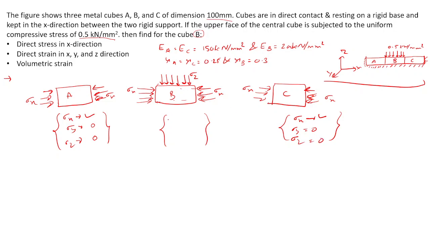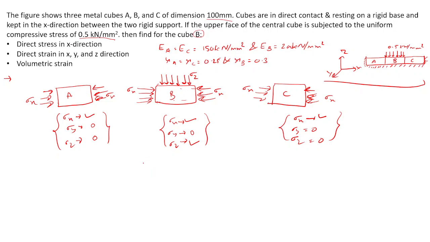For the B, what will happen? Let me know. Sigma x is there. What will happen with sigma y and sigma z? Sigma x would be there, sigma z would be there, sigma y won't be there, right?